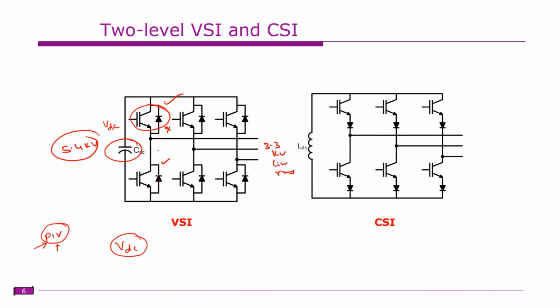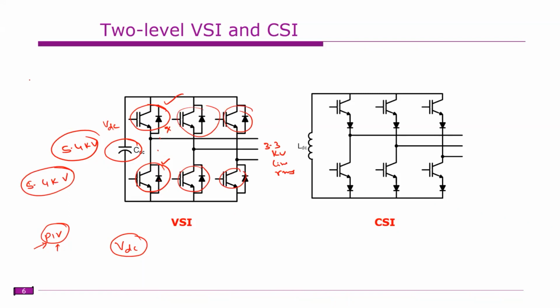So each switch is supposed to withstand VDC, that is 5.4 kV. That is the bare minimum voltage that is required.